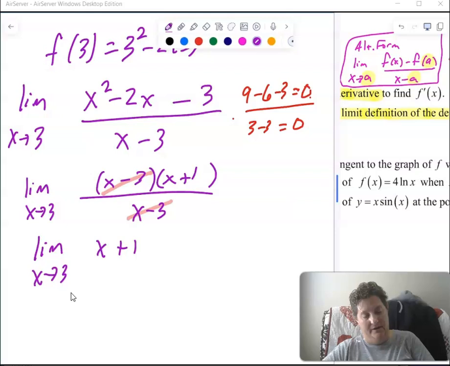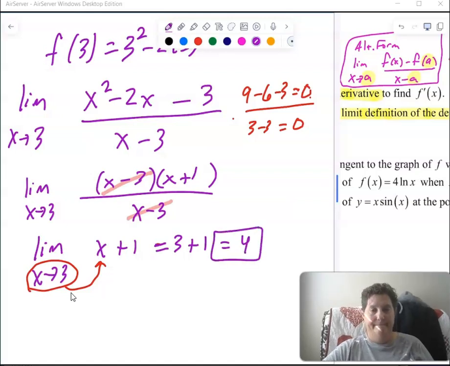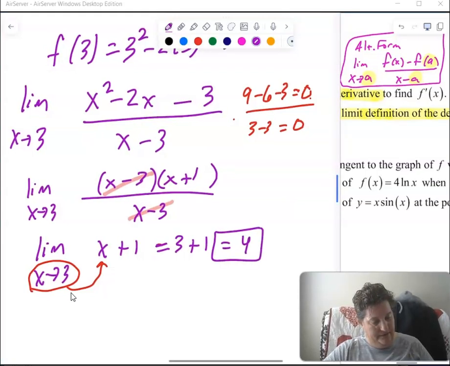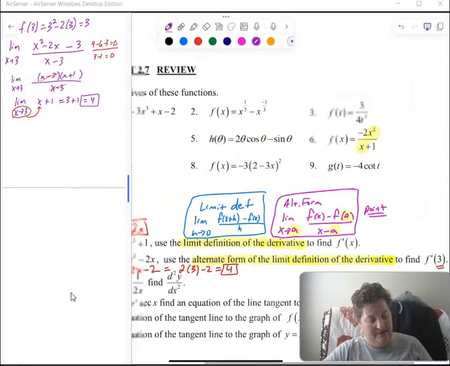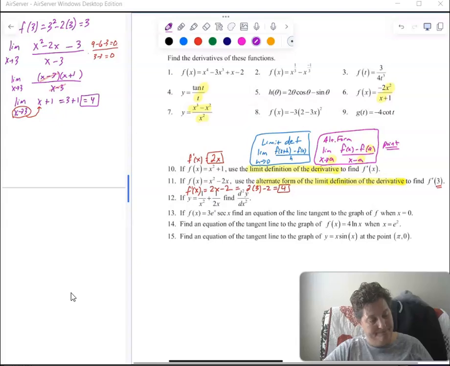And at that point is where you're allowed to plug this in. So it equals 3 plus 1, which is 4. And guess what? I already knew that the answer was going to be 4. I just had to do it this way.